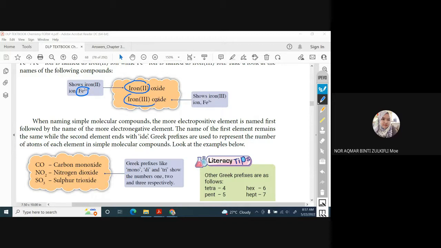If iron 3, it refers to Fe3+ charge. Okay. And then Greek prefix, like if we have one oxygen, we call it mono. So carbon monoxide. If we have double oxygen, it becomes dioxide. Triple oxygen, we call it trioxide.